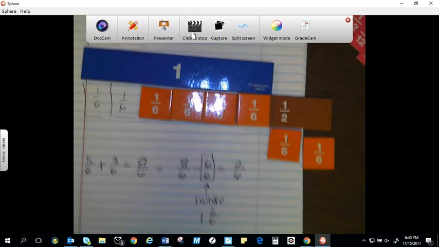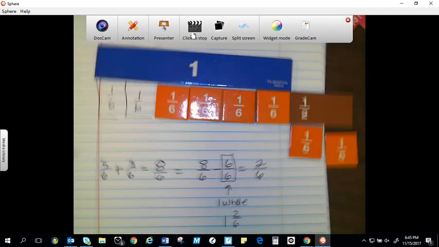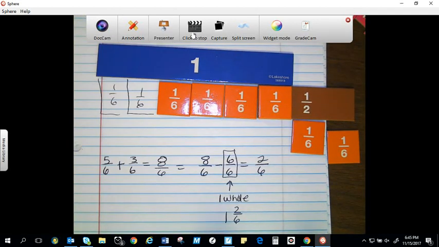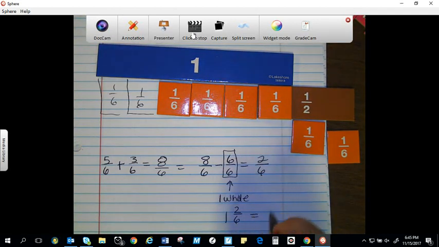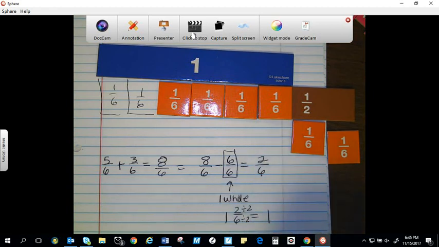Again, even numbers. So when we're reducing it to its simplest form, I can take my 1. What is half of 2? So I can divide that by 2. I can always take halves from my 2. 2 divided by 2 equals 1. 6 divided by 2 equals, that's right, 3.